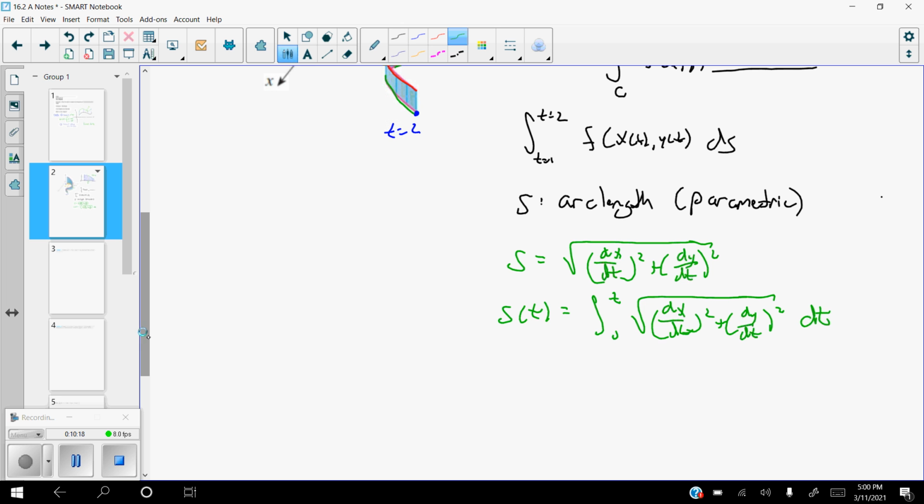Where ds over dt itself is just going to be this integrand right here. Probably should have written this in a different order, but either way, it's okay.